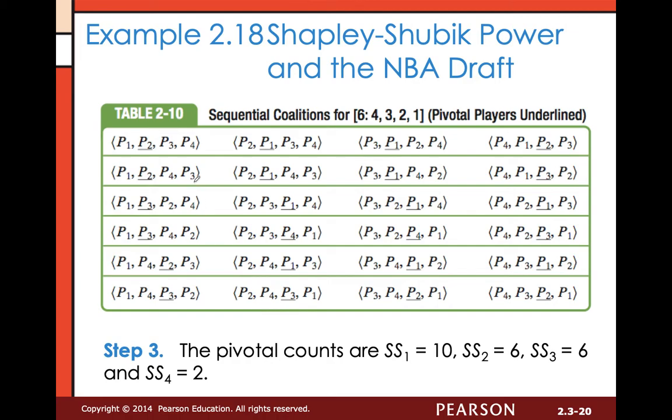So you can see where P2 is our pivotal player here, P3, P2, P3, P1, P1, P4, P1, and so on. Your total counts for player 1: there were 10 moments where they were the pivotal player. For player 2, there were 6. Player 3, there were 6. And player 4, there were 2.